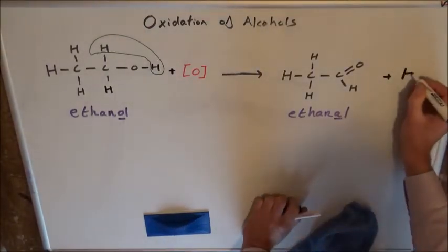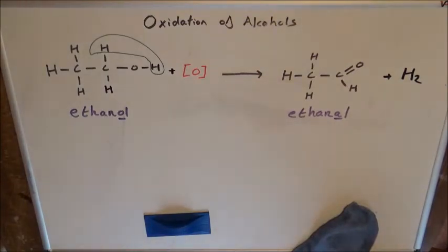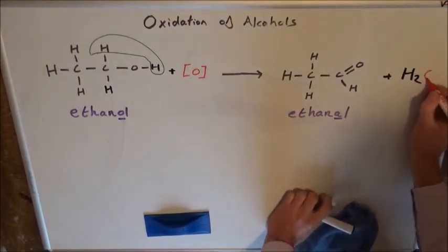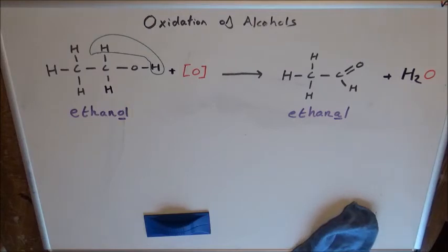So we've got H2, the two hydrogens removed from the ethanol, and the oxygen. And in most cases, when you're asked to write a balanced equation for the oxidation of an alcohol, this is what you would do, particularly in the exams. I'm going to look in a little bit more detail about what's going on here.